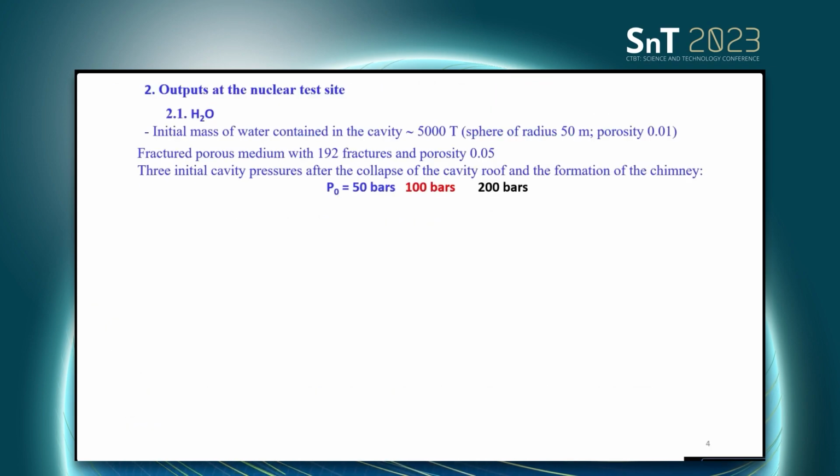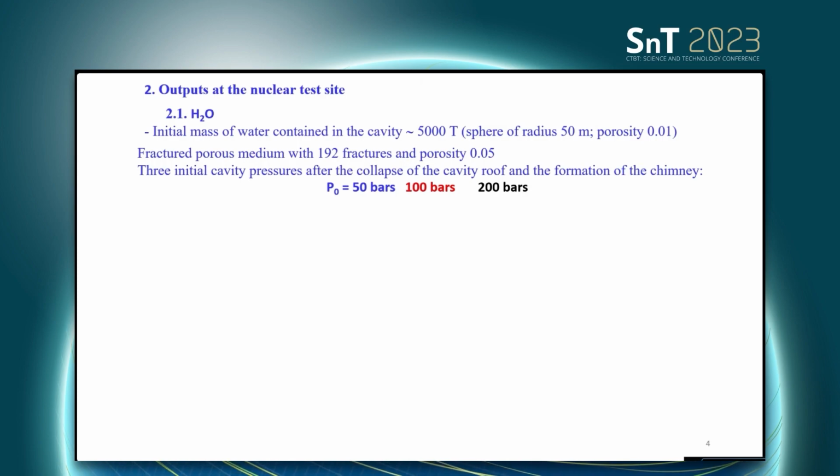So the outputs, we are going to look first at the outputs at the nuclear test site. For water, we take the initial mass of water, which is contained in a cavity, which is described here. And we have a fractured porous medium with about 200 fractures, a porosity of 5%.